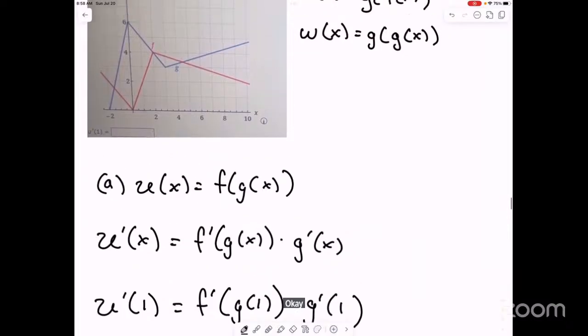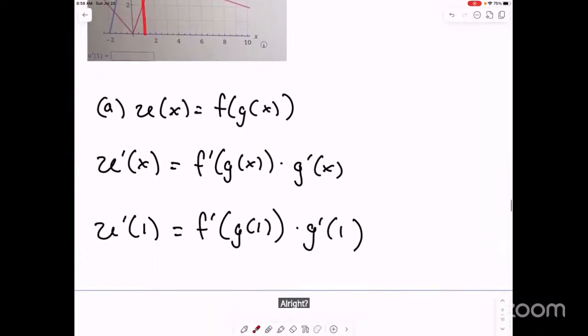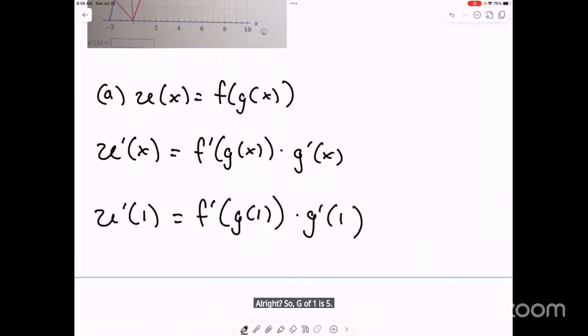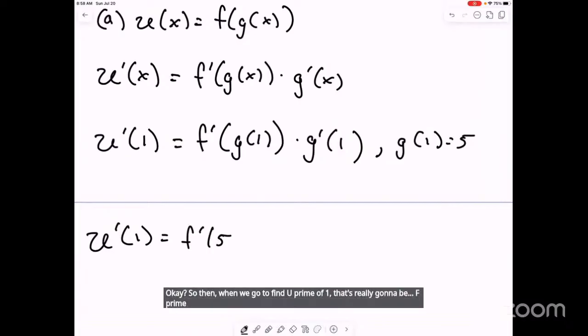Okay. What is g of 1? So when x is 1, g in blue is 5. All right. So g of 1 is 5. Okay. So then when we go to find u prime of 1, that's really going to be f prime of 5 times g prime of 1.